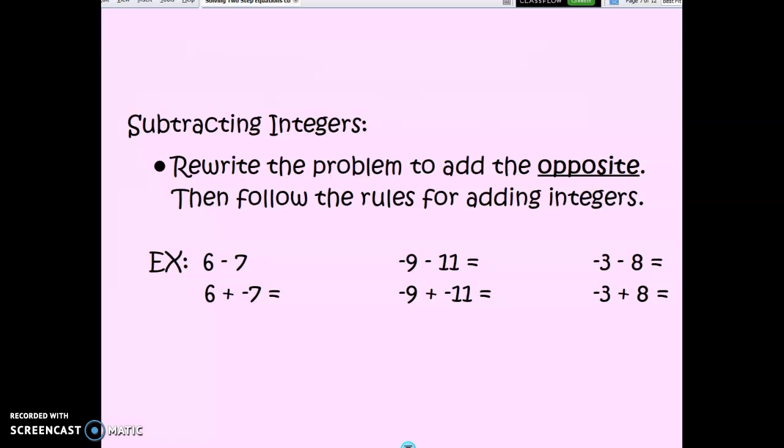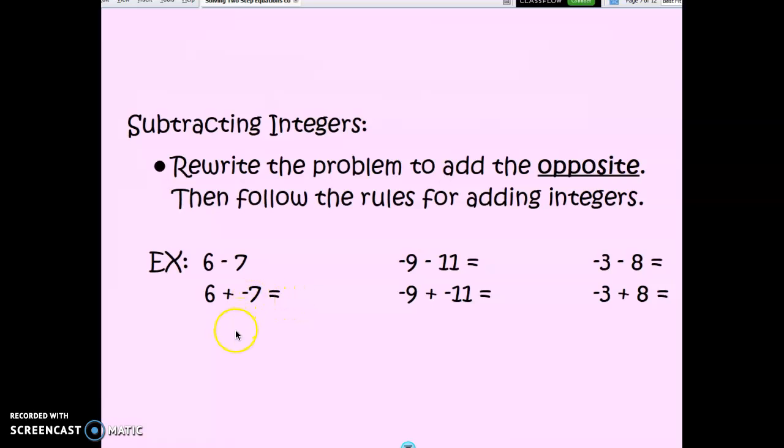Okay? Then we subtract integers. We always just rewrite the problem to adding the opposite, and then we follow the rules for adding integers. So if we're looking here, 6 minus 7, we would change it to 6 plus negative 7. And then we could solve it. Negative 7 is higher.